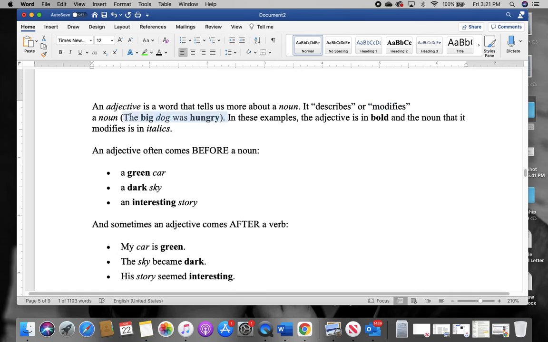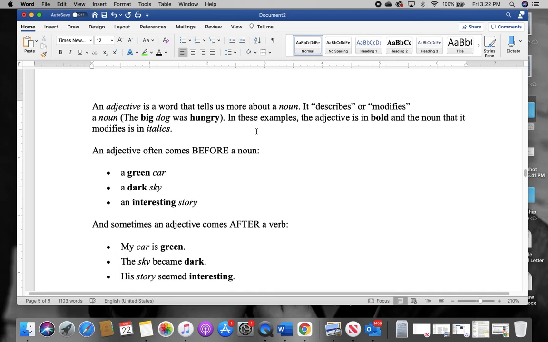This is an example: the big dog was hungry. Big and hungry are working as adjectives to describe the situation. If you just said the dog was hungry, that would be the independent clause, but here, big was added to give more description to what type of dog it is, right?